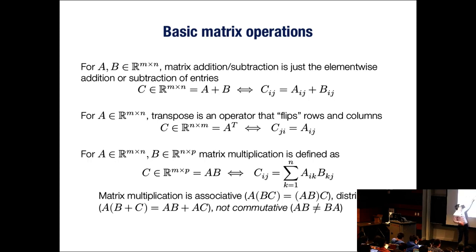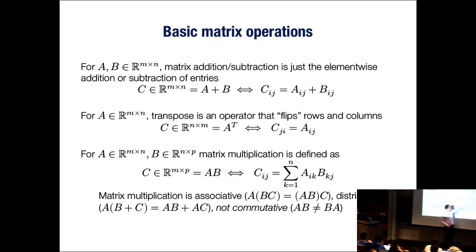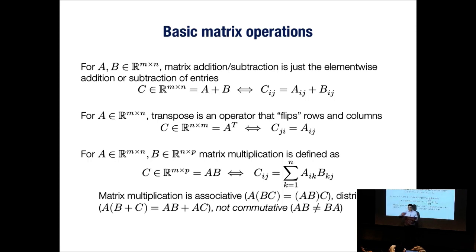In other words, we take the inner dimension n, drop it, and the dimensions of C are the outer two dimensions, m by p. The formula is that Cij is equal to the sum over some other index k going from 1 to n. Remember, n is the size of the middle dimension here.